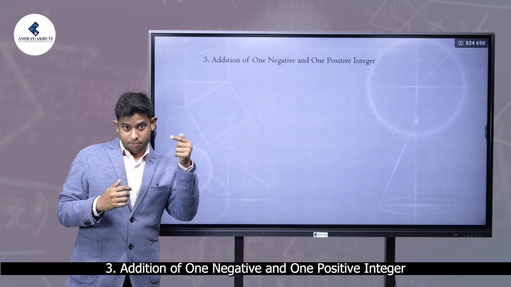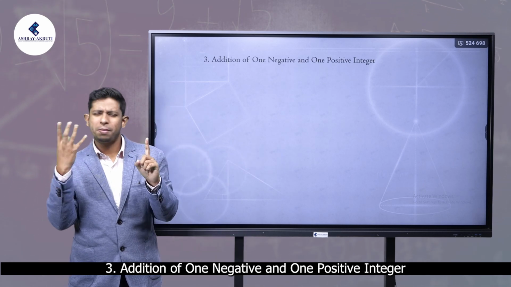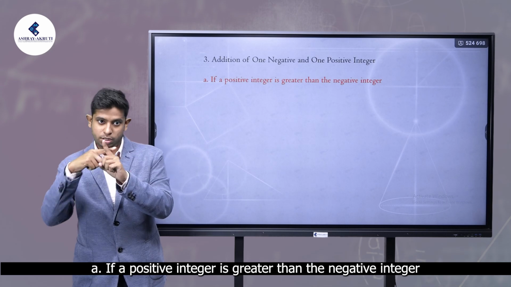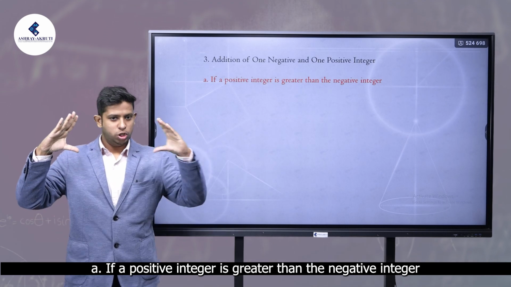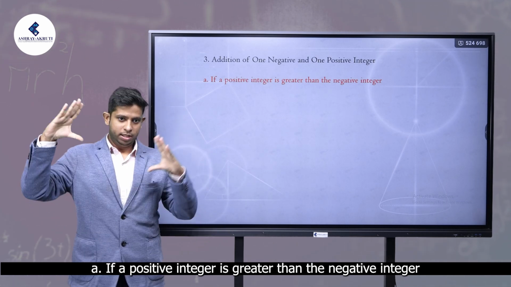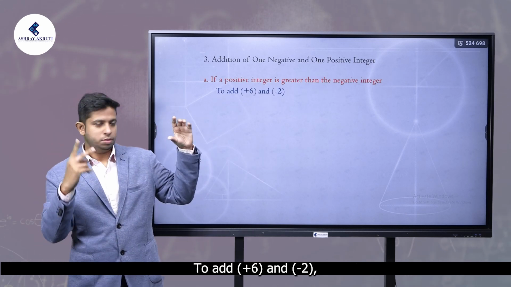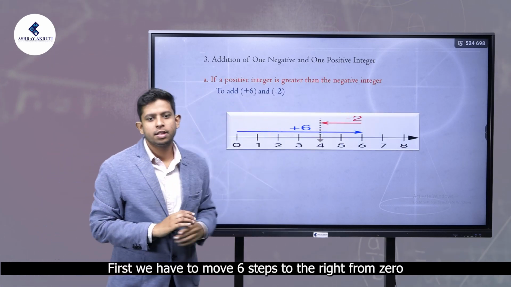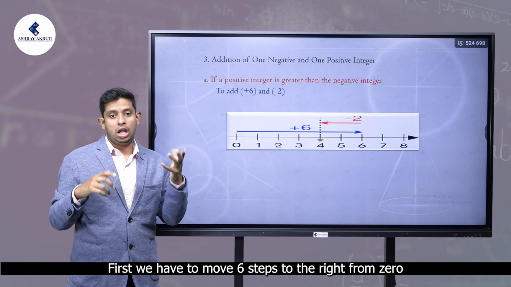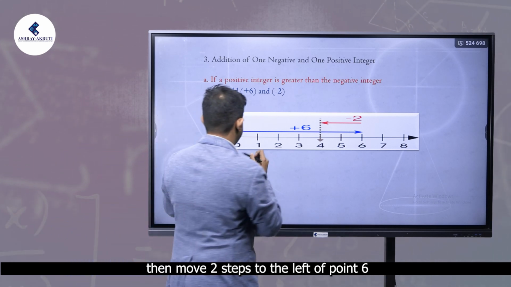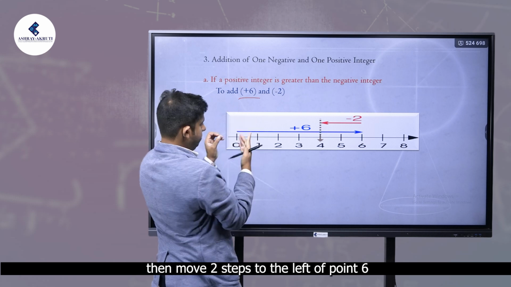Addition of one negative and one positive integer. If a positive integer is greater than the negative integer, to add plus 6 and minus 2, first we have to move 6 steps to the right from 0, then move 2 steps to the left of point 6.